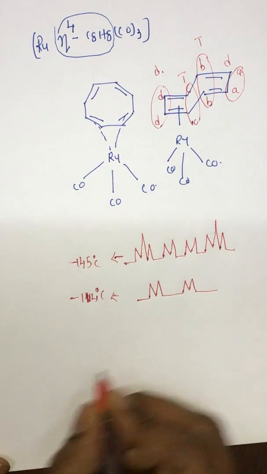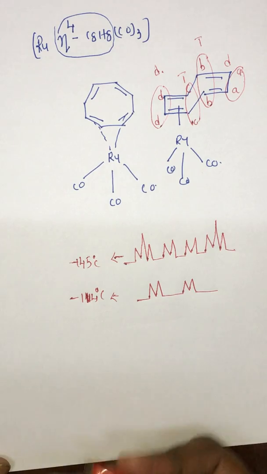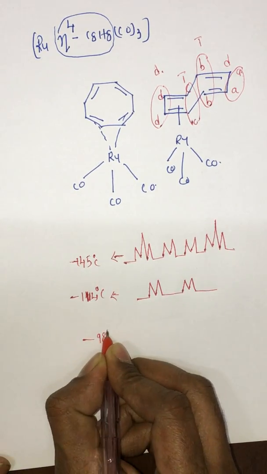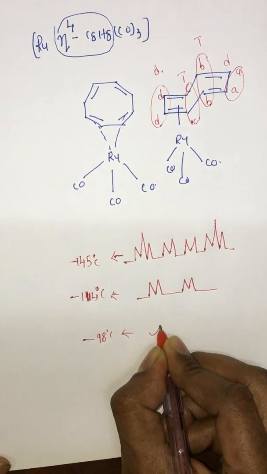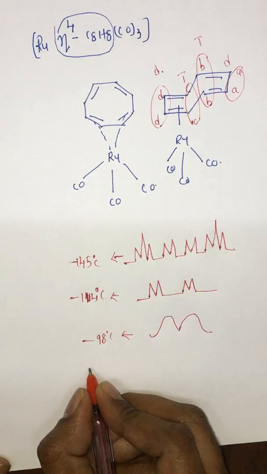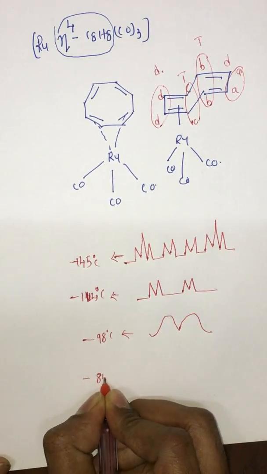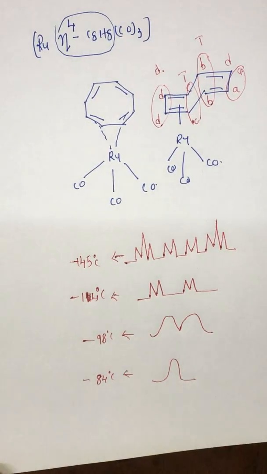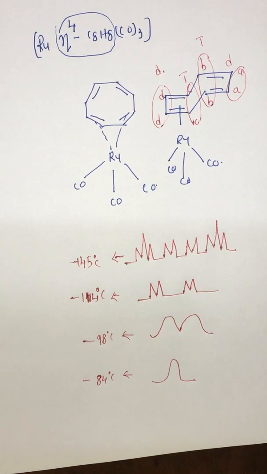Further, if we increase the temperature to minus 98 degrees centigrade, we will get 2 broad lines. And further, if we increase the temperature to minus 84 degrees centigrade, we will get a broad line. So the fluxional behavior here is changing.